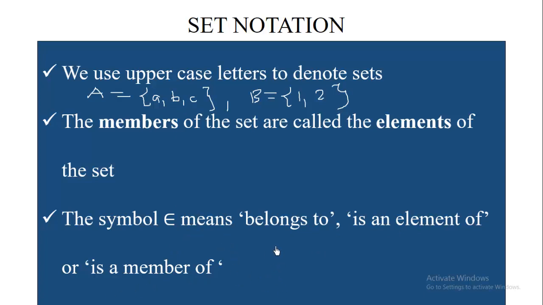So we can say that b belongs to set A, then 1 belongs to set B. 1 does not belong to set A. So this means does not belong to, or is not a member of.